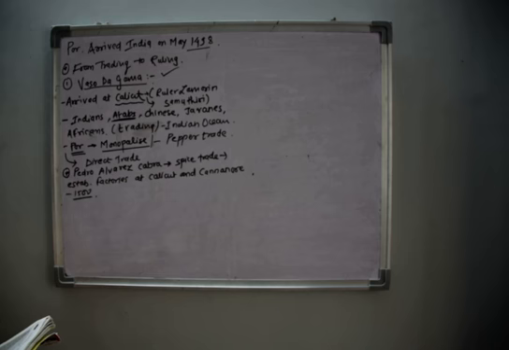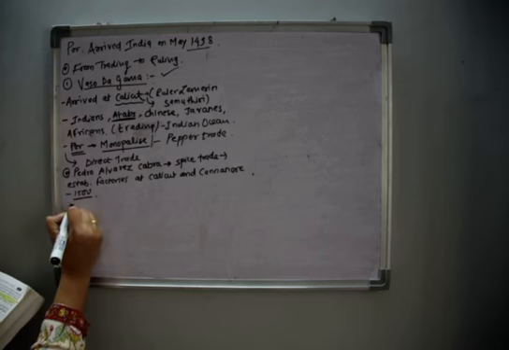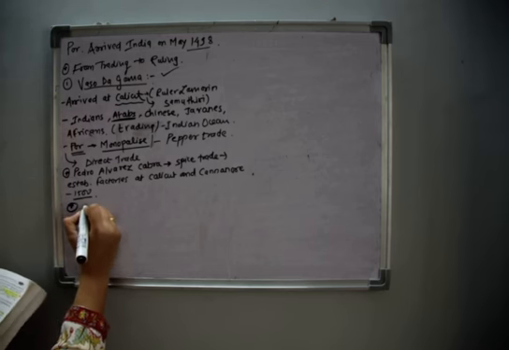Now, when Vasco da Gama is coming back, he is asking the Zamorin to exclude the Arab merchants from the trade, but the Zamorin is declining. Okay, then finally he broke off with the Zamorin, and then he is setting up his own factory.